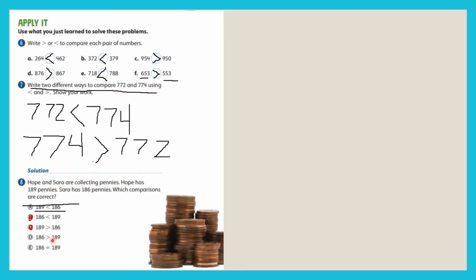The alligator mouth has to be open to the 189, so that is not correct. Put a line through that. All right, let's look at this next one. It says 186 is equal to 189. Are they equal, boys and girls? Absolutely not. We're going to put a line through that.